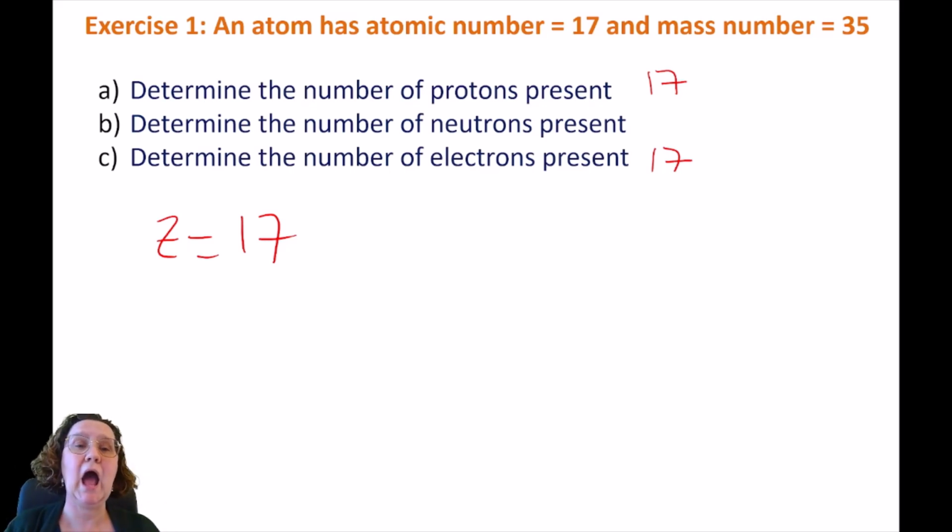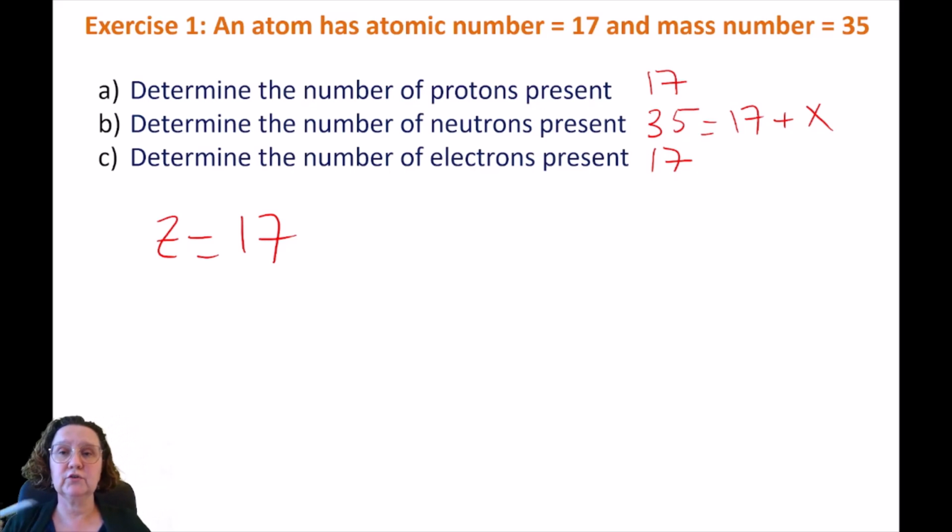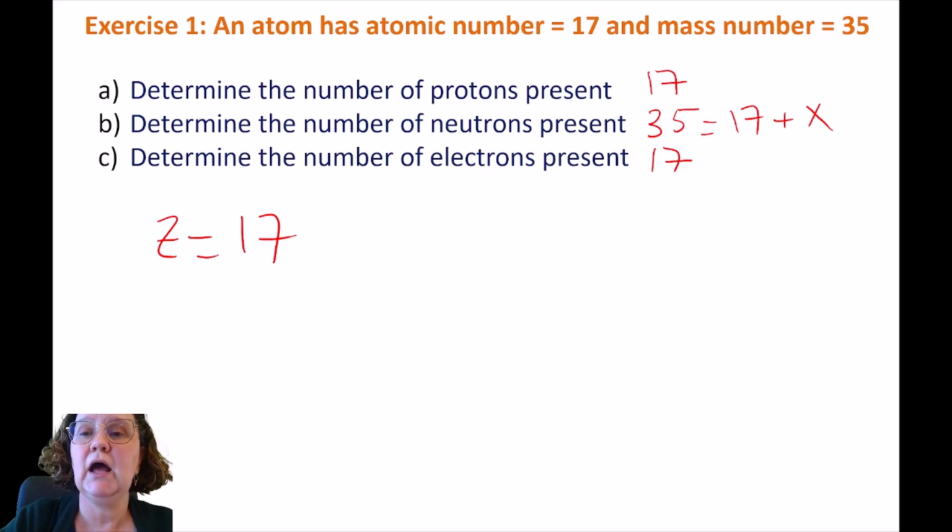And then, how can I determine the number of neutrons present? Because I have the mass number, and the mass number is the number of neutrons plus the number of protons. I know the number of protons is 17, and in total I've got 35 as the mass number, which gives me 18 neutrons.